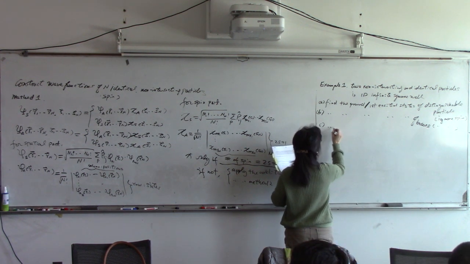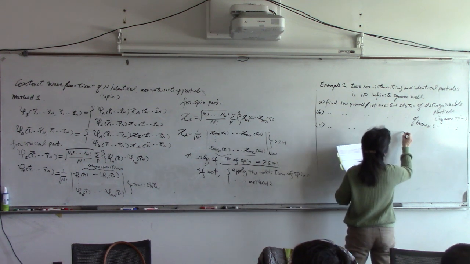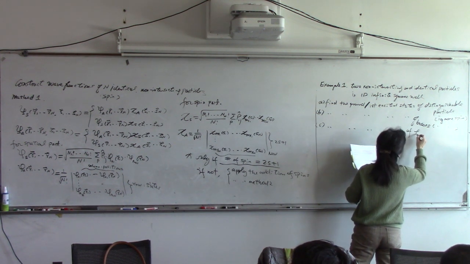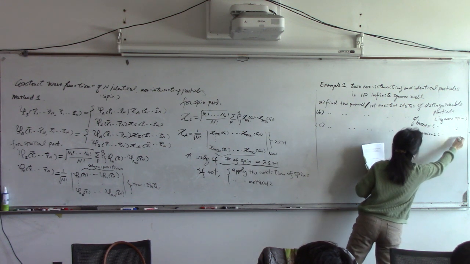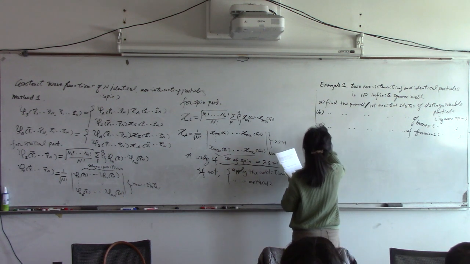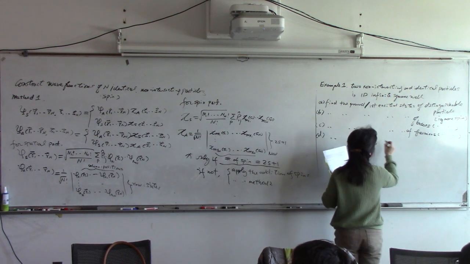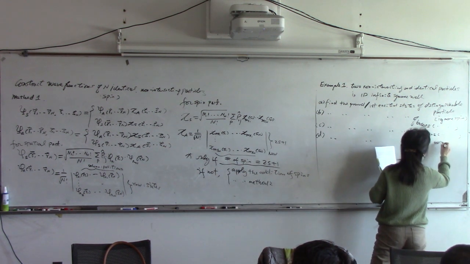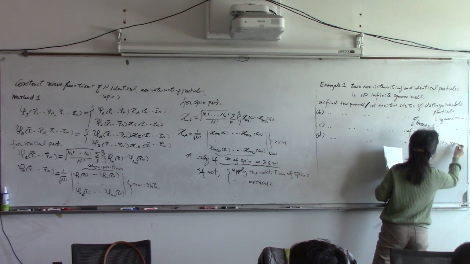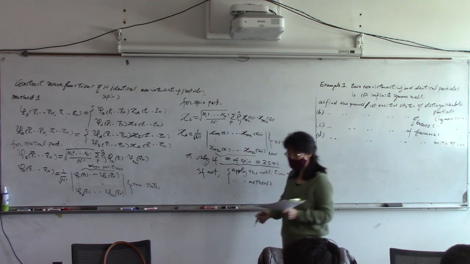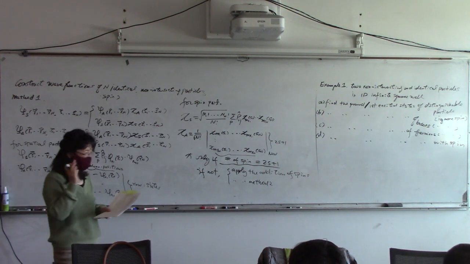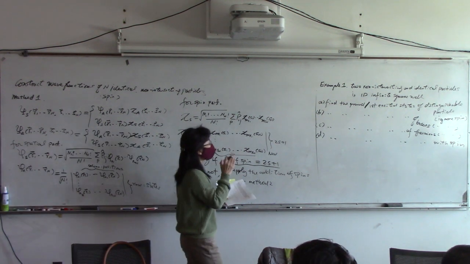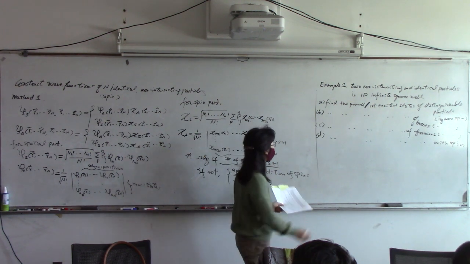C, fermions without spin. And D, again fermions, with spin. Okay, so there are several cases. Let's consider each case: how to construct the total wave function of these two non-interacting identical particles.